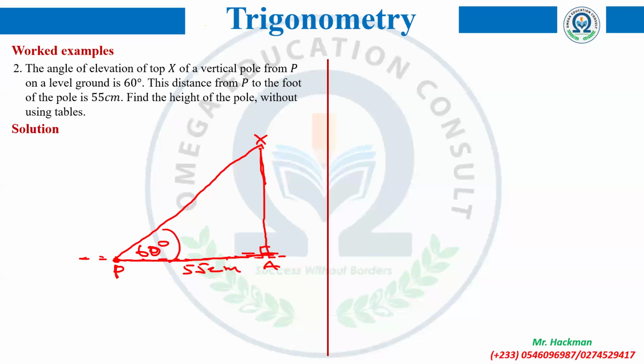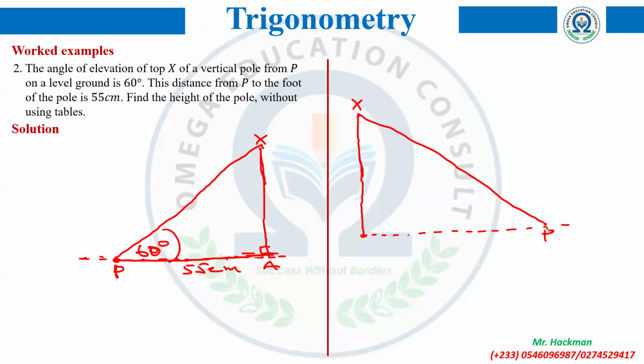All right, so I guess the explanation is now taken care of. Now that we have this again, we have a right angle triangle. If you had your vertical line drawn this way, this is the foot, and this is the top of your vertical pole, so your top must be X. The foot will be on the ground, and your P will be here, and you join P and this line.